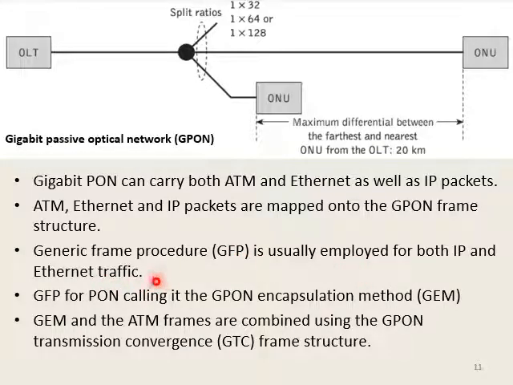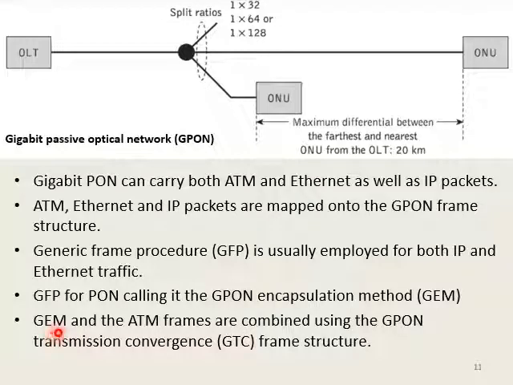So GFP, the generic framing procedure, for PON is called the GPON encapsulation method, or GEM encapsulation method. The Ethernet packets and IP packets are brought together as traffic, which we call the generic framing procedure.